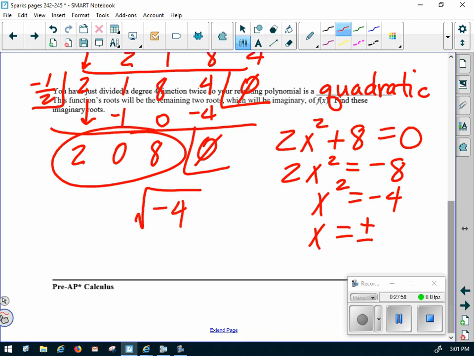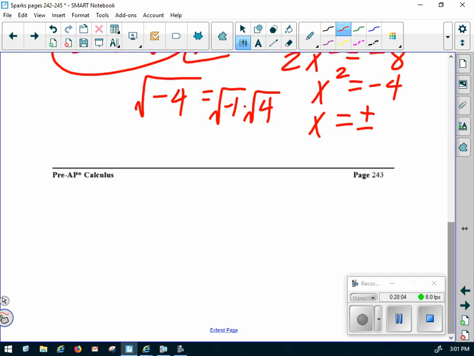Look, this is the square root of -1 times the square root of 4. What's the square root of -1? I. And the square root of 4? 2. So it's plus or minus I times 2, or 2I. So we found our 4 roots.